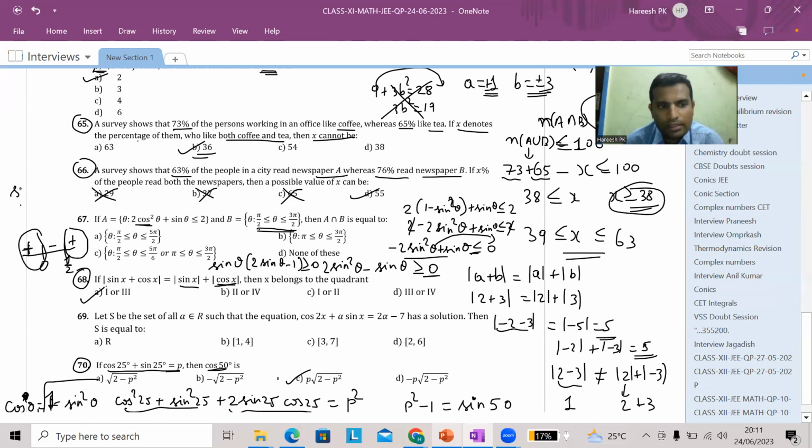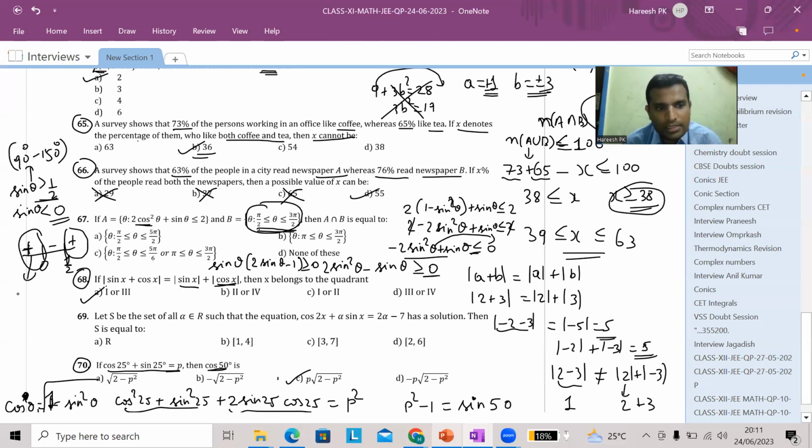That means sine theta should be greater than half or sine theta should be less than 0. So in this interval, when is sine theta greater than half? So we know that between 90 degree to 150 degree, sine theta is greater than half. And in the entire third quadrant, sine theta is less than 0.